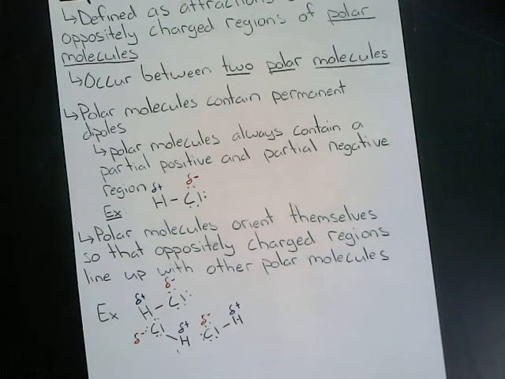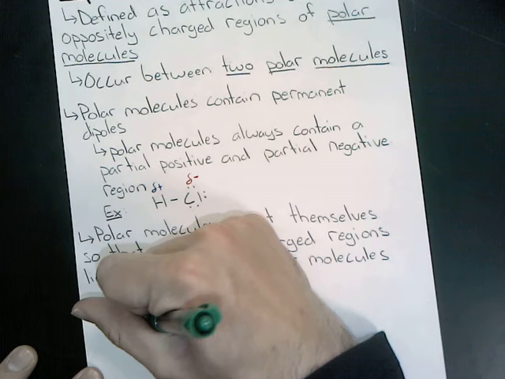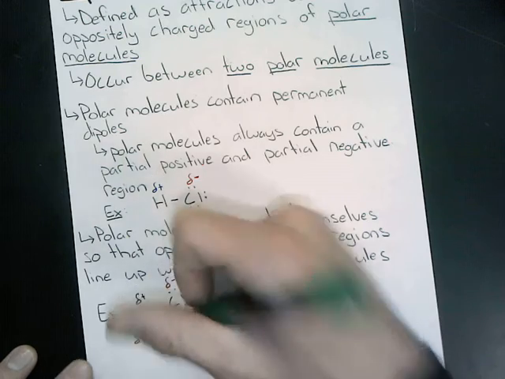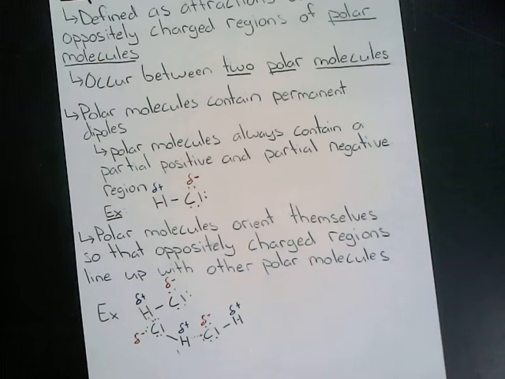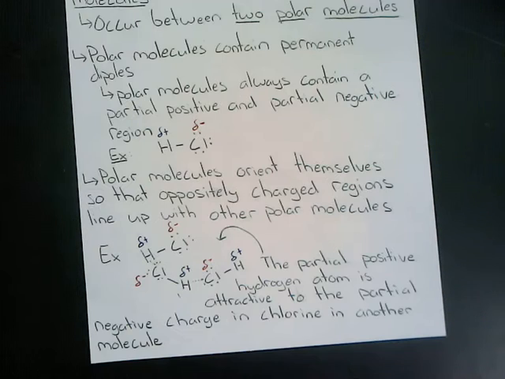Now, what you often see here with dipole-dipole forces, and sometimes you'll see this on pictures or figures, is that they will form this kind of attraction here, and they show that by some dots in between each of those molecules. So just as a reminder here, the partial positive hydrogen atom in one molecule is attracted to the partial negative charge in that chlorine atom. So again, there's that stated here. The partial positive of one hydrogen atom is attracted to the other partial negative charge of a chlorine in another molecule.